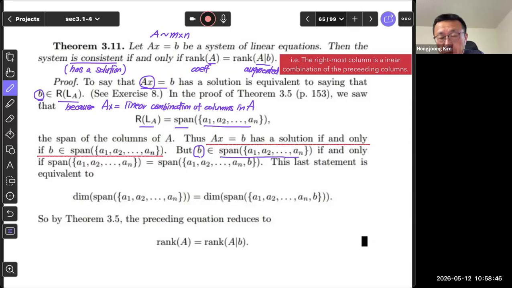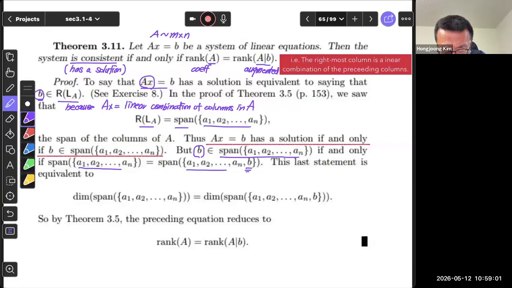That means when I consider the span of the columns in A and the span of the columns in A plus the B vector, please note that I just added B here. If B is included in the span of the columns in A, then adding this B vector does not change the space generated by these columns, right?